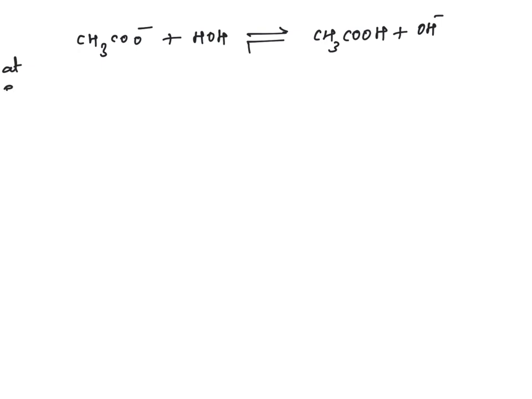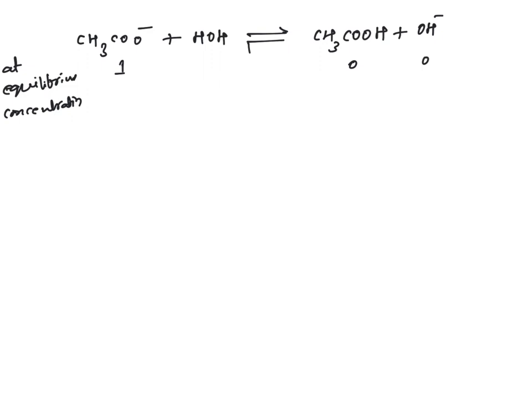Let's write the hydrolysis reaction of a weak acid strong base salt, giving acetic acid and OH minus. At equilibrium, let's assume initially I have taken 1 mole, and 0 moles of products are formed.